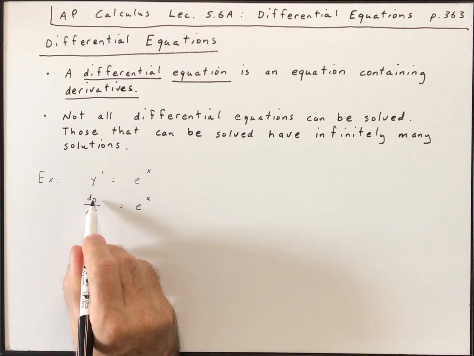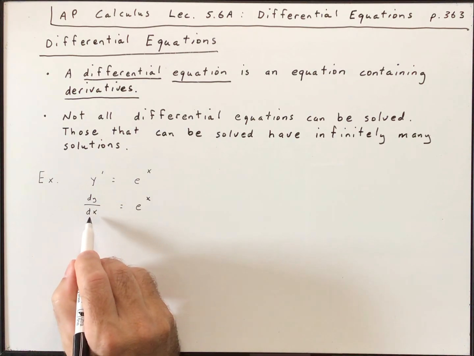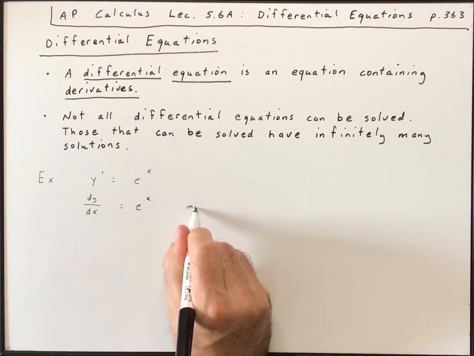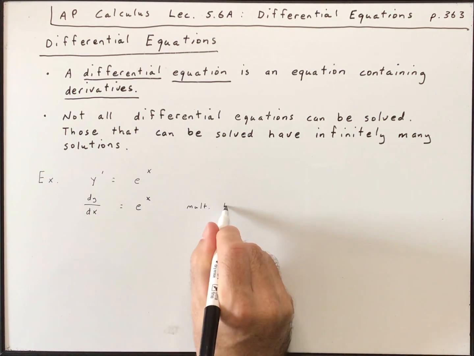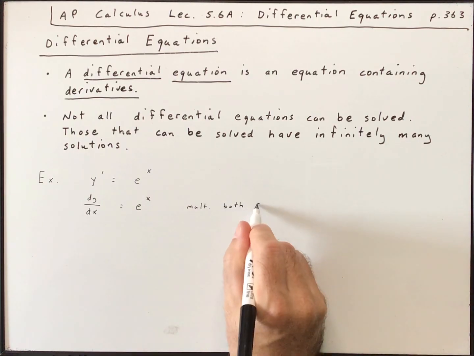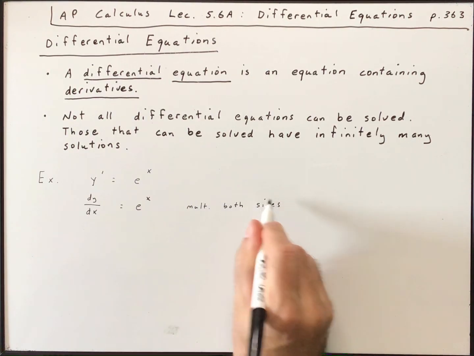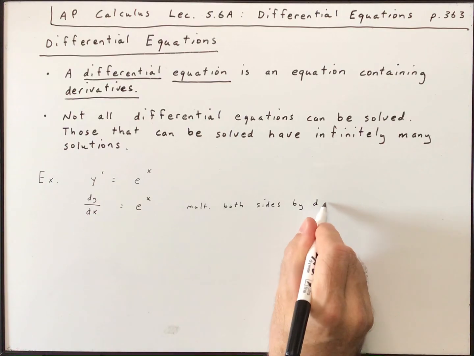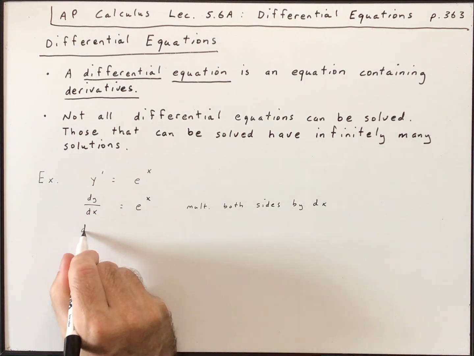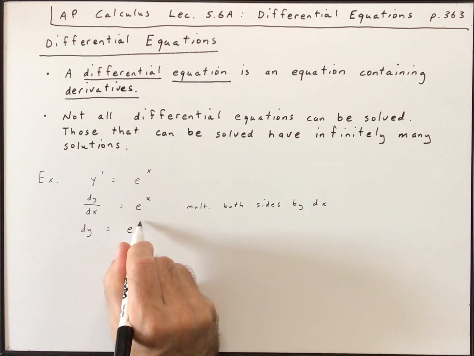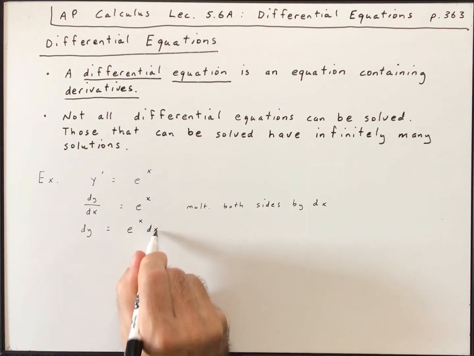Now we need to separate the dy and the dx. So let's multiply both sides by dx. So I'd have dy is equal to e to the x dx.